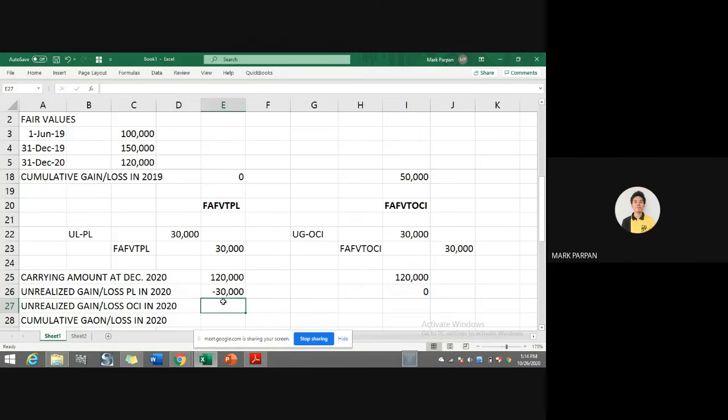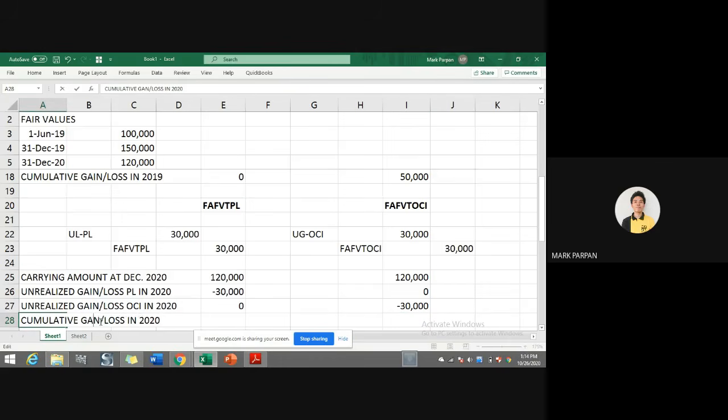So we have a 30,000 decrease for the year.